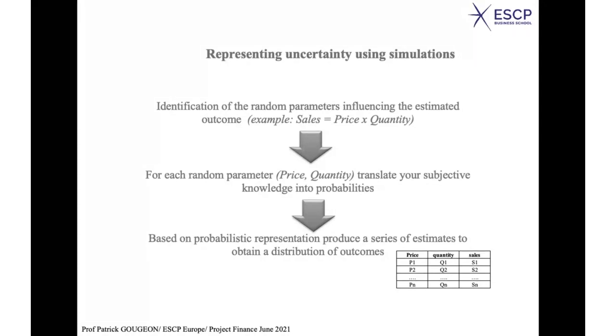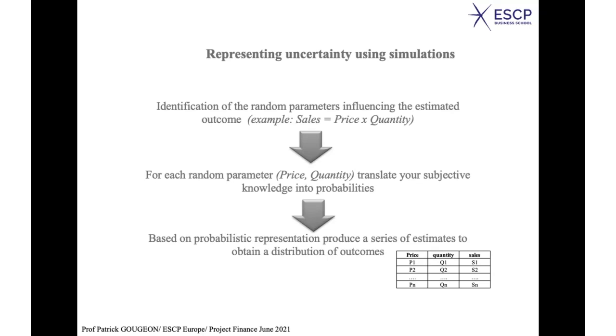You do the same for the quantity, then you will have 1,000 numbers for the quantities, distributed following a certain probability curve, which corresponds to what you have assumed. Then for each line, you take price times quantity.